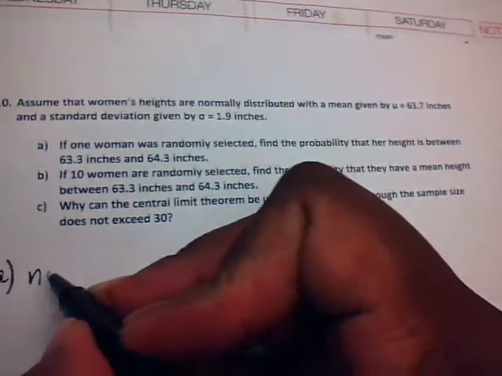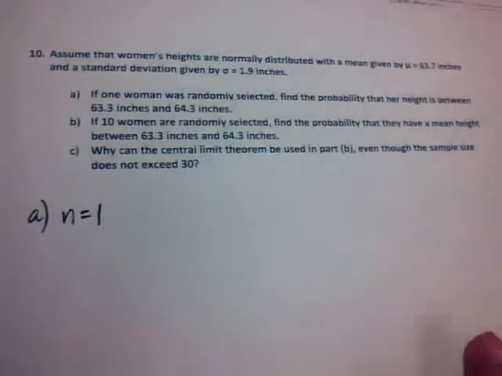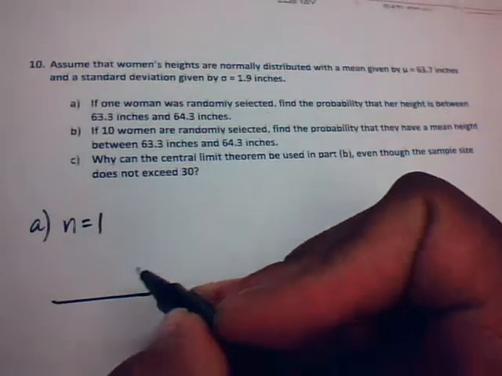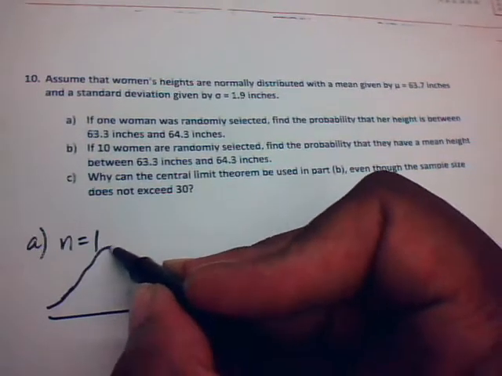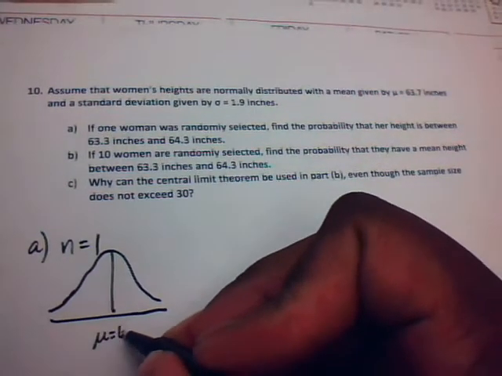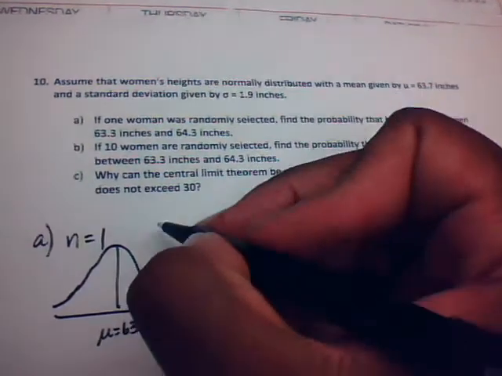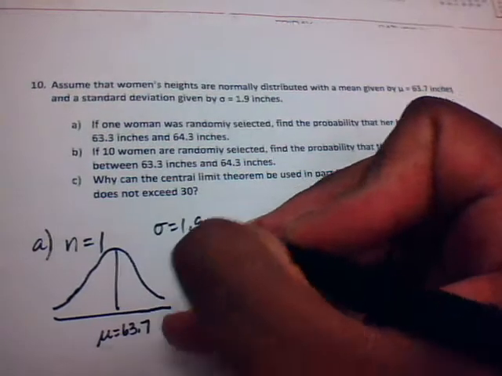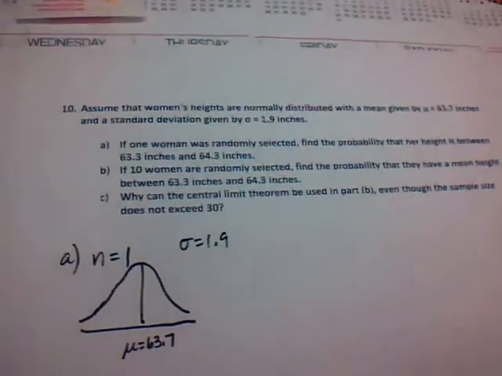We know n is equal to 1 because we're only dealing with one woman. Let's draw the normal curve. We know mu is 63.7 and sigma is 1.9.